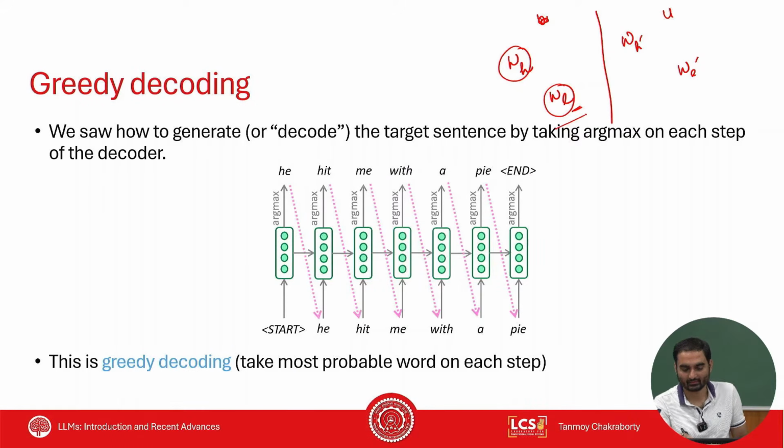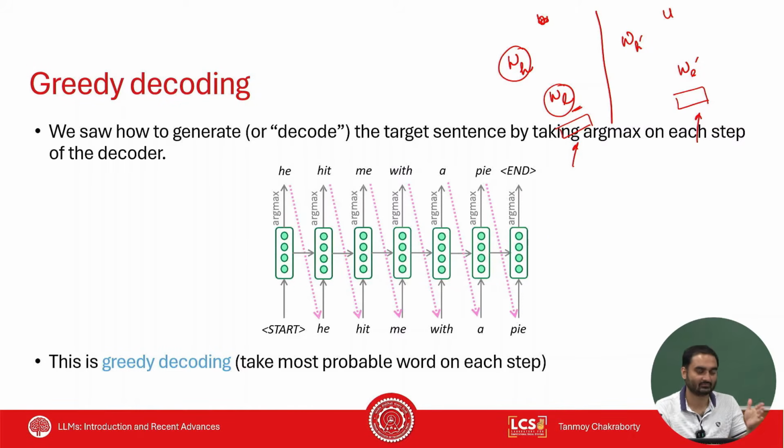Remember, the embeddings that you are using here are different, because the input is a French sentence and the output is an English sentence. Let's say it is a summarization problem, then the embeddings will be the same because the language is the same.